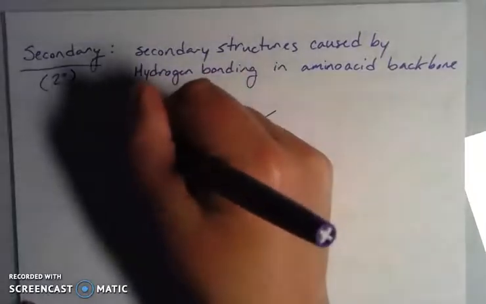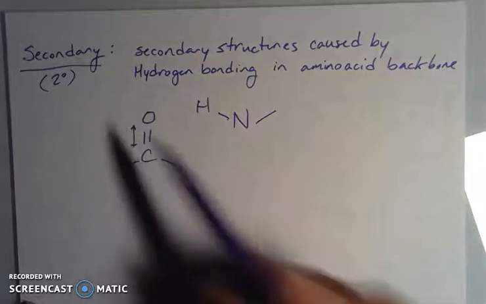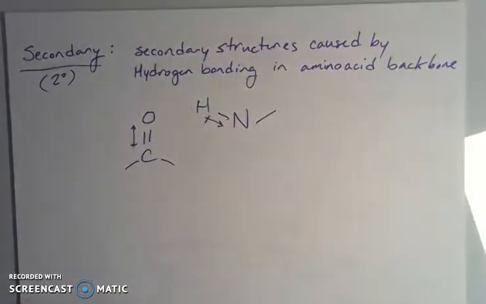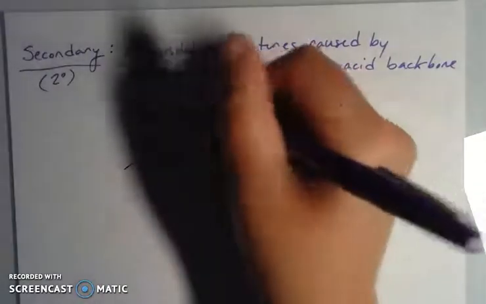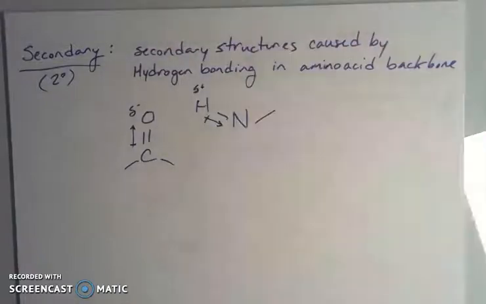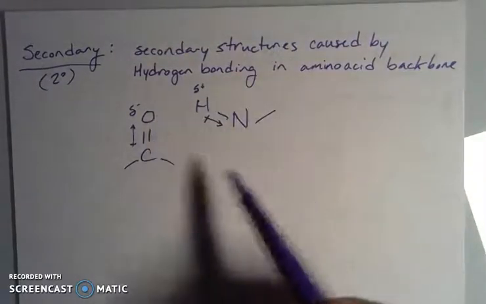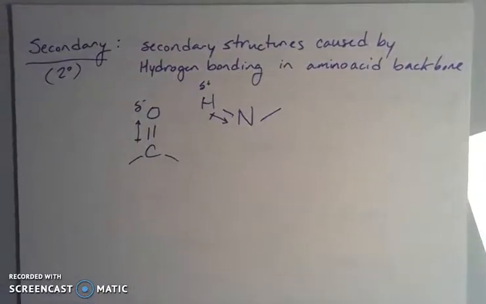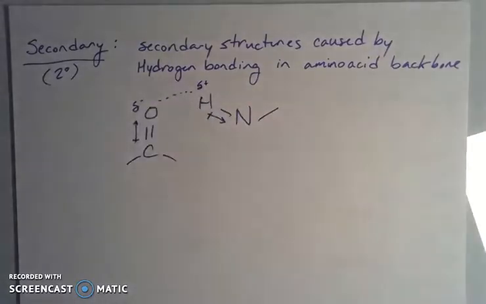If we think about the dipoles on these things, there's a dipole here because the oxygen is more electronegative. There's a dipole here because the nitrogen is more electronegative. So that gives me a slight negative charge on my oxygen, a slight positive charge on the hydrogen from my amine side. So the hydrogen from my amine side and the carbonyl group from my carboxylic side from the various backbone amino acids have the potential to do hydrogen bonding.